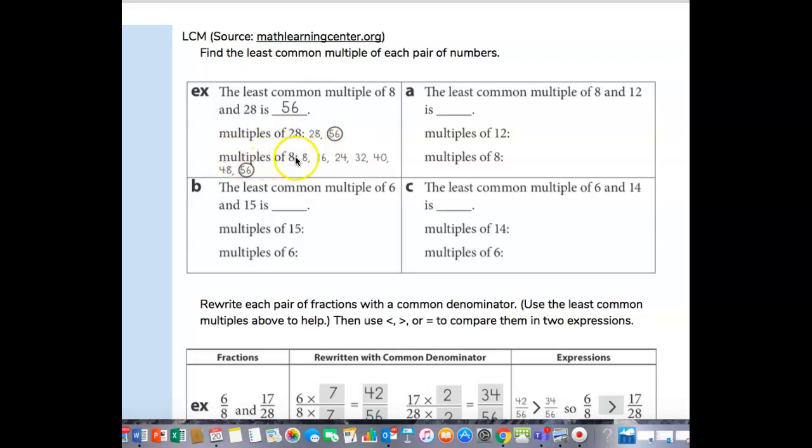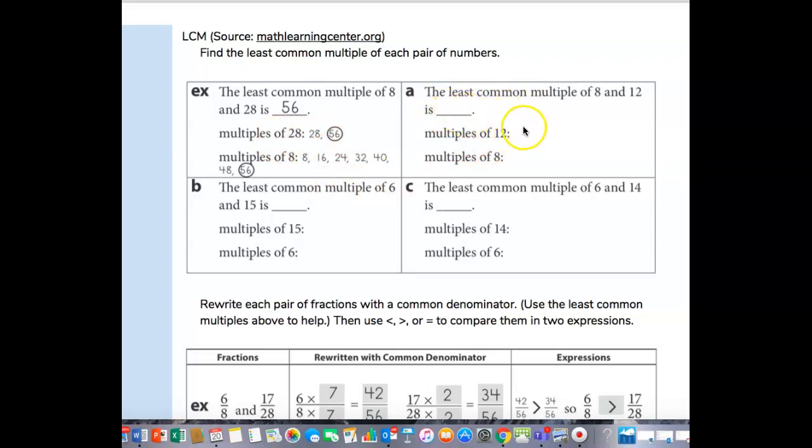So the multiples of 8 are 8, plus 8 is 16, plus 8 more is 24, 32, 40, 48, 56. So 28 and 28 is 56. So the least common multiple, the LCM, remember we've had to find common ones and the smallest common one, all right?